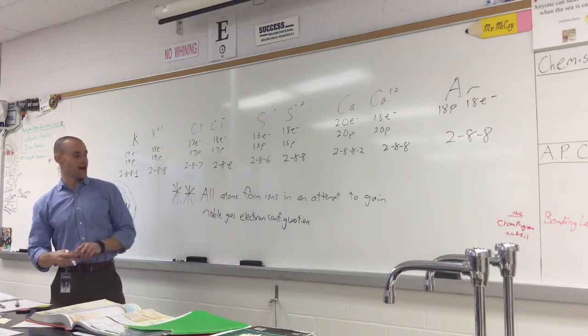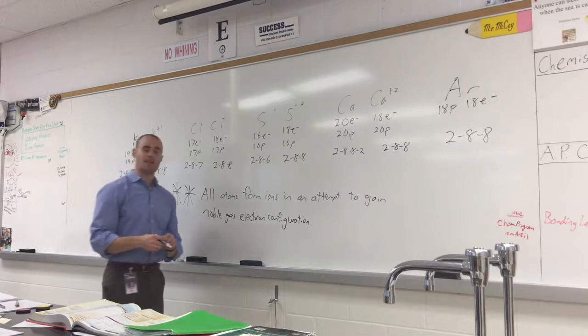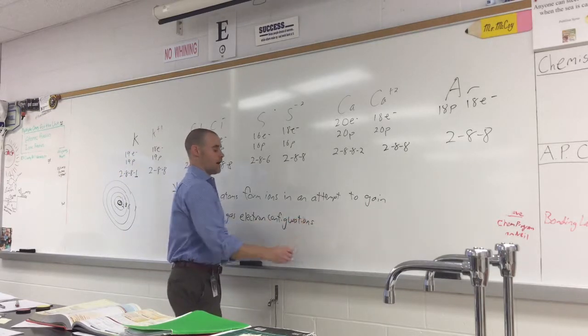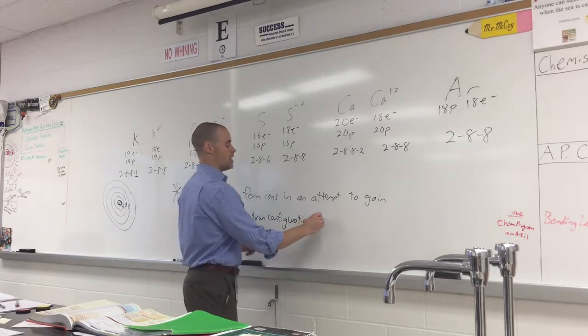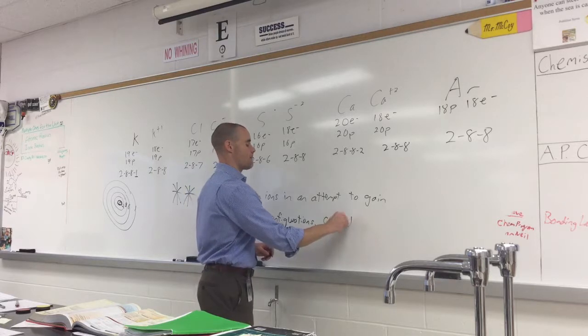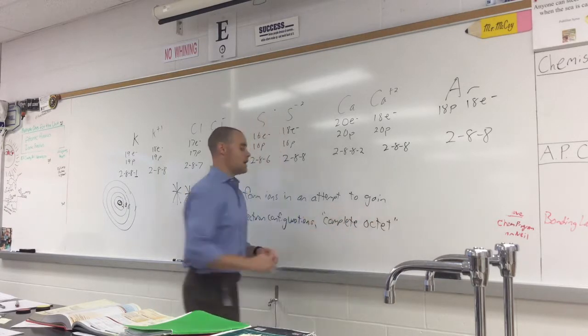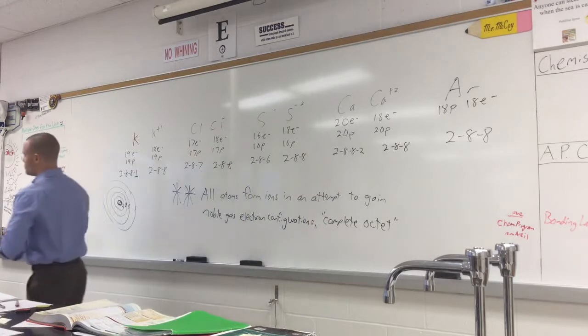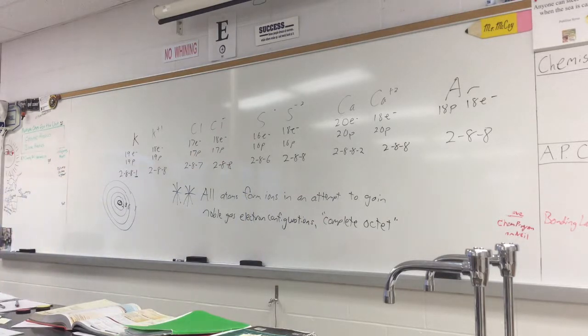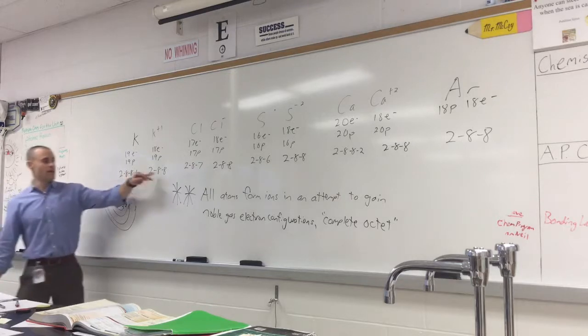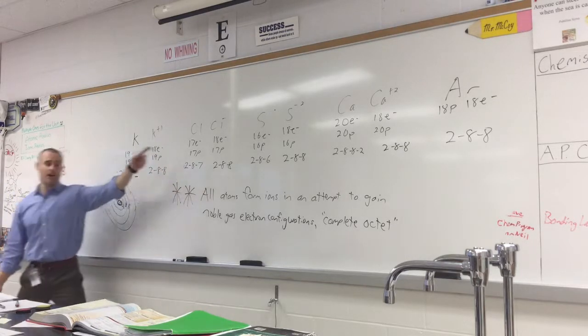All atoms form ions in an attempt to gain noble gas electron configurations. And I'm going to put a comma. It's called a complete octet. Put that in quotes there. All atoms really, really want to have 8 valence electrons. The way they can do that, this is a great example.